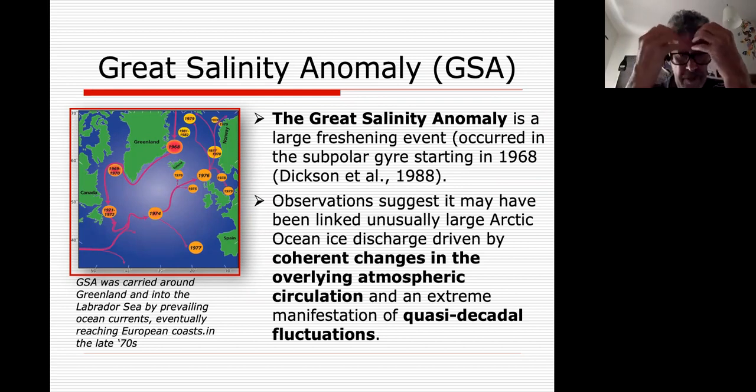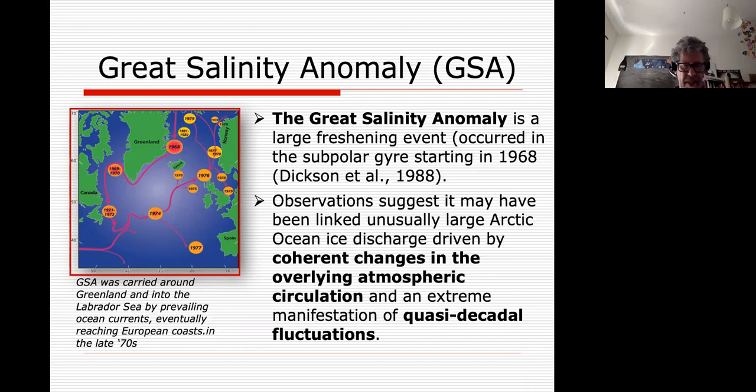We have an anomalous process that also took place in 1968, an anomaly that is not related, or not directly related, to atmospheric processes, but had a quite important role in freshening different parts of the North Atlantic.